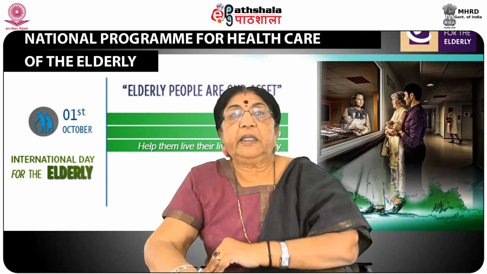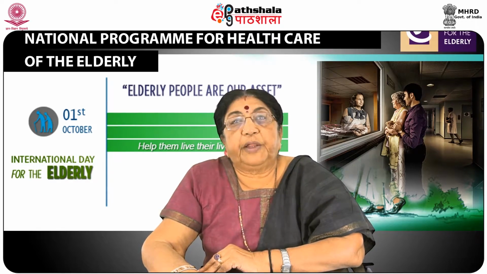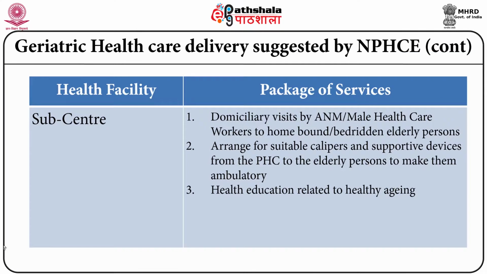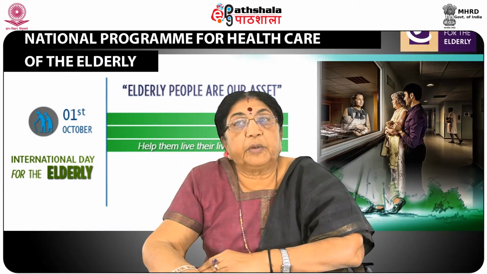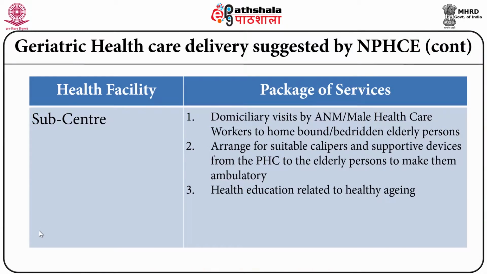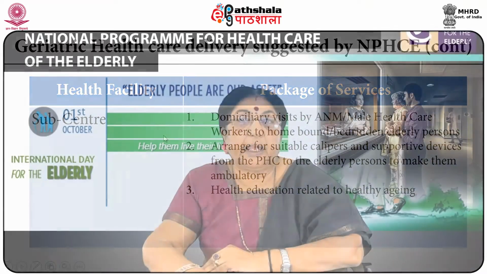Now, let us see in detail what these sub-centers are going to give. The sub-center at the grassroots level, serving a population of about 5,000 to 10,000, has to give domiciliary visits, that is home visits by the ANM or the male health worker to the homebound or bedridden elderly persons. Because these are small populations, all the families are known, and there is a list of these elderly persons who need special care.